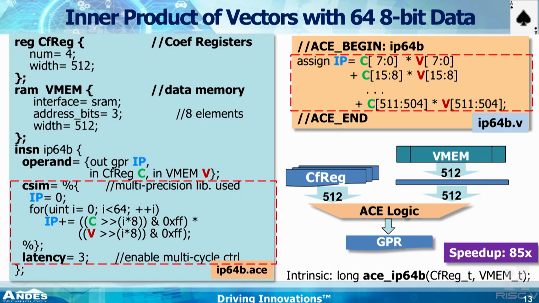And we include the multi-precision library so that now the compiler knows this is 512 bits and can do that operation directly. And also, if latency is specified as a constant, our tool is going to automatically generate multi-cycle control. So in this case, the semantic part would take 3 cycles, and at the end of 3 cycles, the generated logic is going to sample the output and then write it to the result.